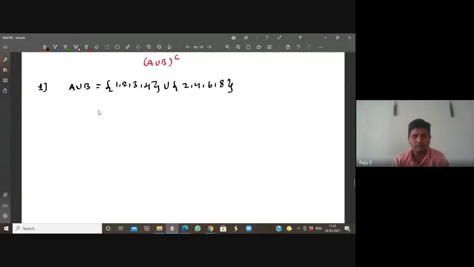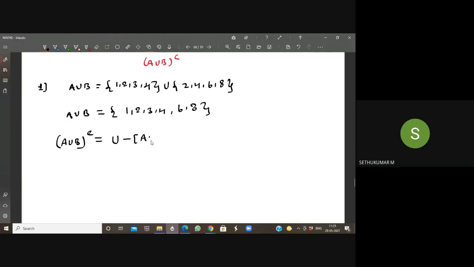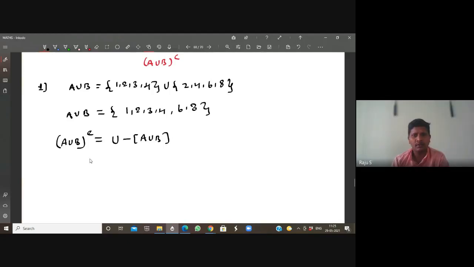Here union: 1, 2, 3, 4, 6, 8. This is A union B. So A union B whole complement is given by universal minus A union B, which is 5, 7, 9.